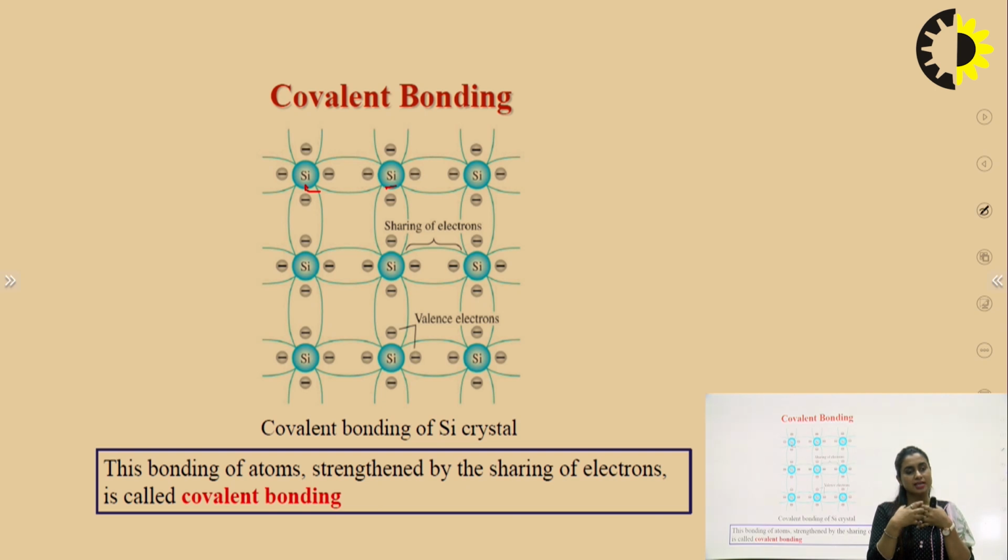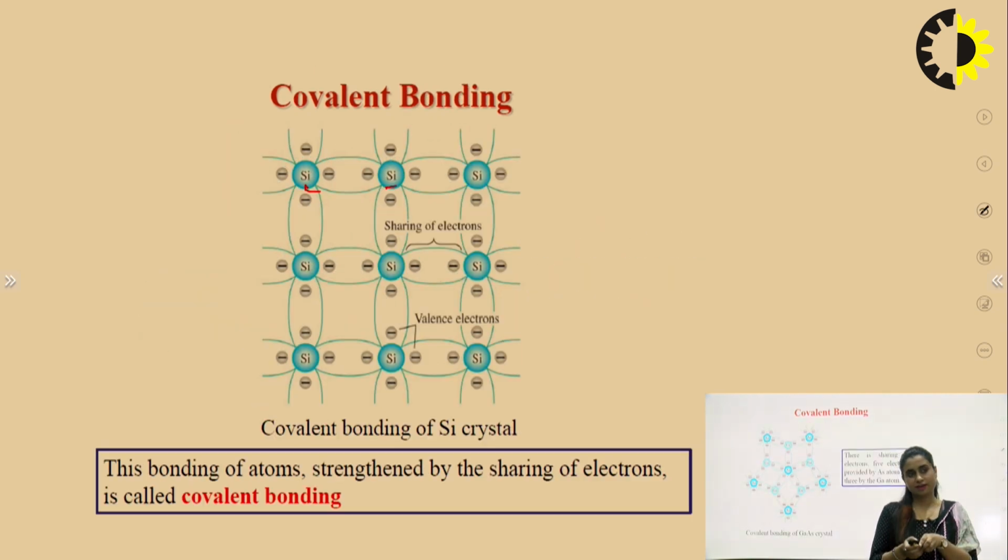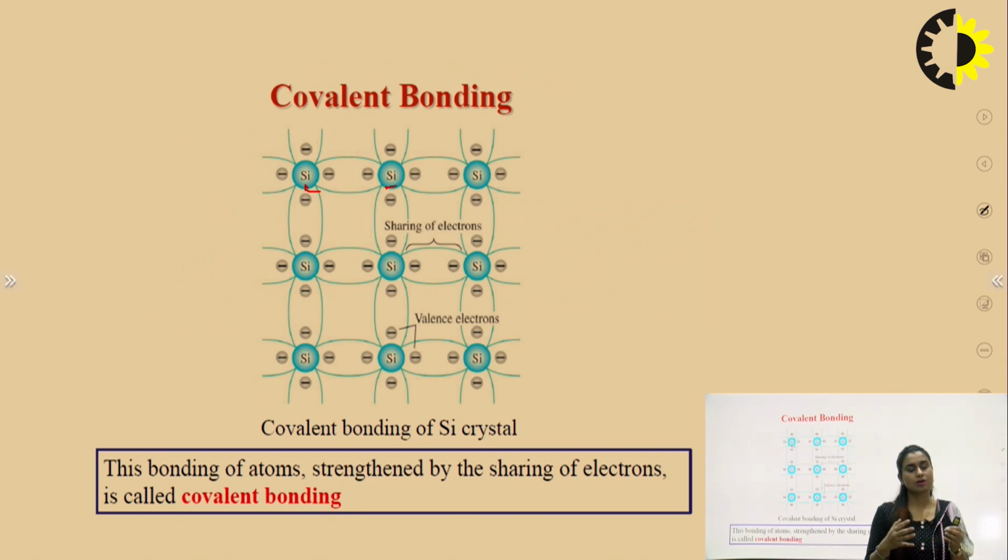When they do the sharing, their valence shell is complete, their octet is complete. There are 8 electrons, 1, 2, 3, 4, 5, 6, 7, 8. Like this is called covalent bond formation that is done with the help of sharing of electrons. This bonding of atoms strengthened by the sharing of electrons is called covalent bonding.